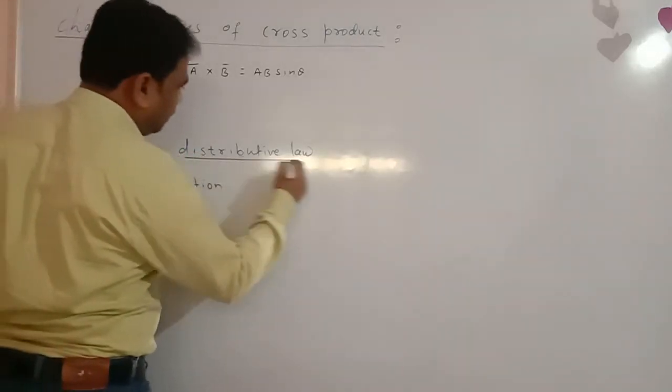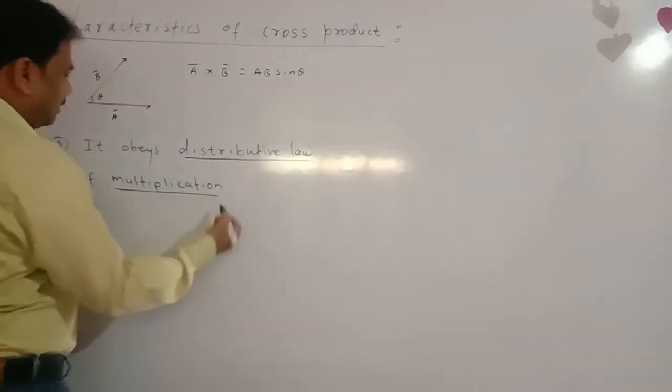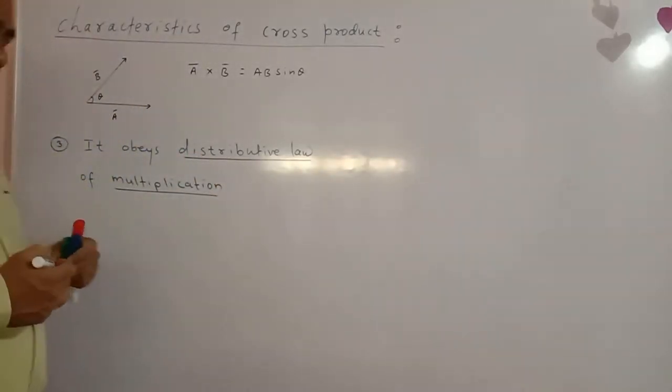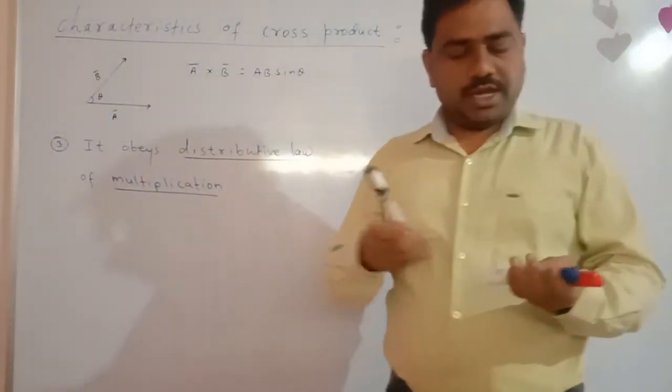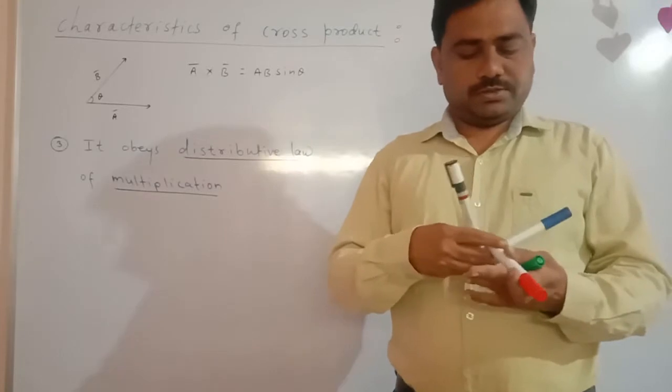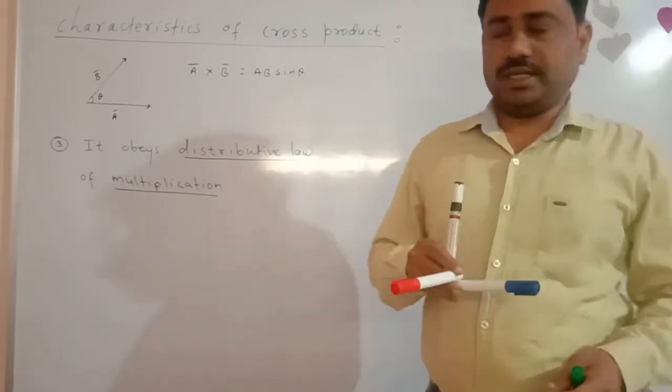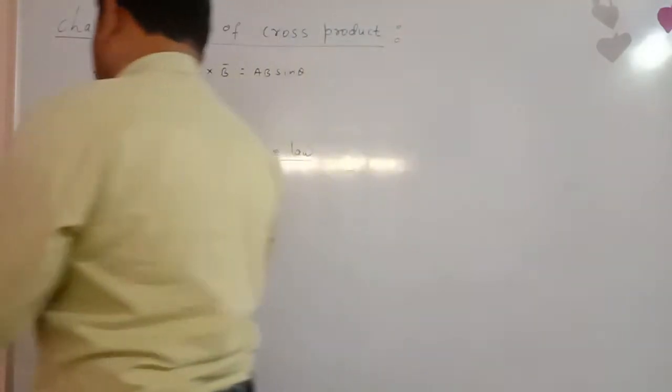So what is the meaning of distributive law of multiplication? For that purpose, we consider three vectors, that is A, B and C.